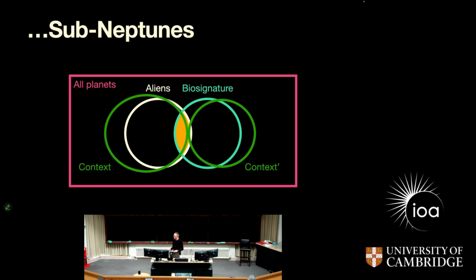And I think in our framework that I've tried to guide this talk around, the situation we're at with sub-Neptunes is, given the debate, the context could be either one of these circles. In this one where, maybe it's got a liquid water surface, we see an anomaly, a signature, which we think there's good reason to believe is associated with life.